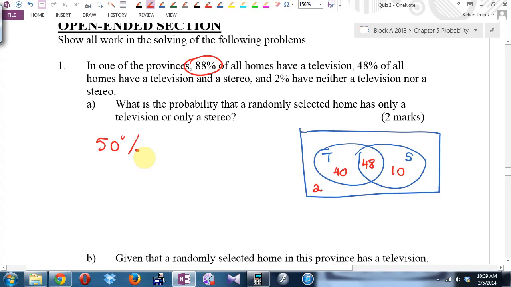See it? Them and them, but not both. By the way, 1 mark for the Venn diagram and then 1 mark for the answer. And I would take 50% or I would take 0.5. I'd take whether you made it decimals or percentages. I don't care.